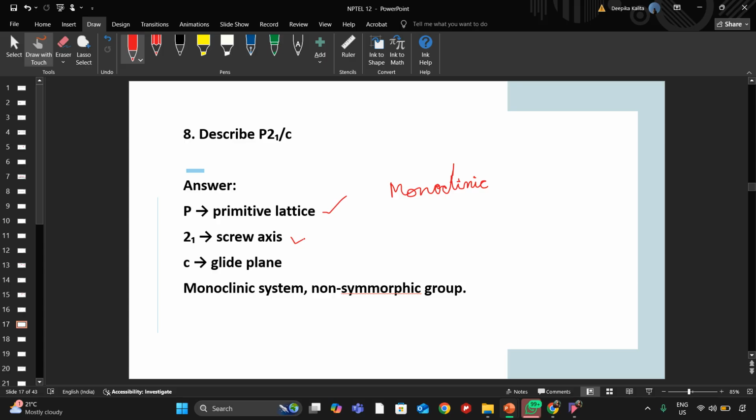Okay, and c here is going to denote a glide plane, which is a symmetry element combining a mirror plane with a translation parallel to that plane by a fraction of unit cell dimension.